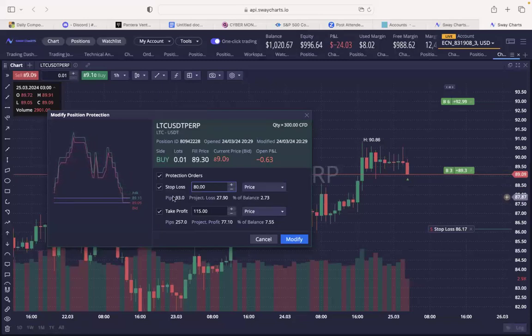If you look here, it says 93 pips, so 93 pips will be equivalent to $27. So if the trade goes against you at 93 pips, you're gonna lose 27 bucks. But if it goes in your favor, 257 pips, then you'll make $77. But this is all based on our position size of 0.01.